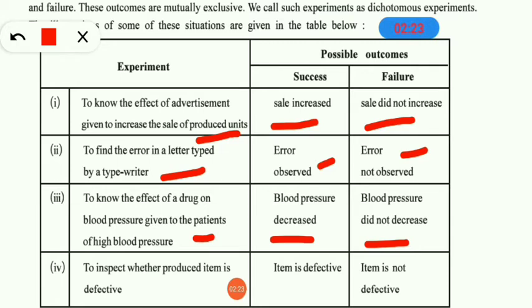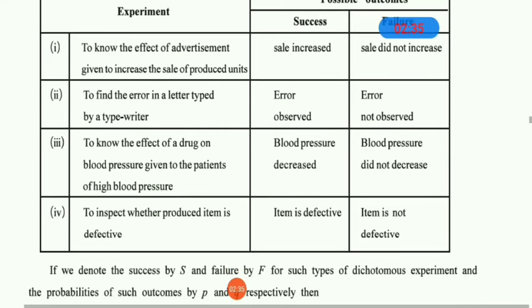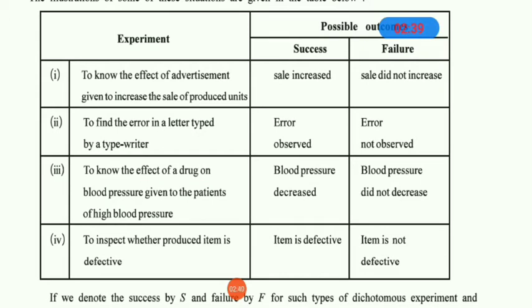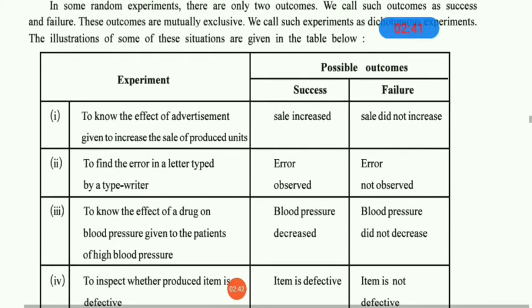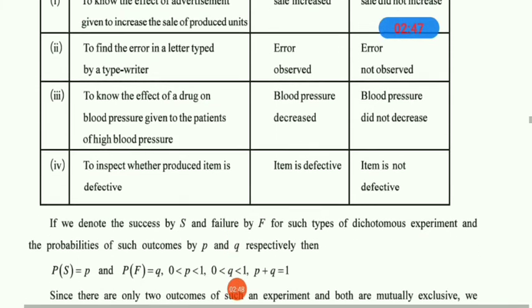And fourth, to inspect whether a produced item is defective. Success is the item is defective and failure is the item is not defective. Is it clear? So all experiments in the given table are called dichotomous experiments because there are only two outcomes, success and failure.